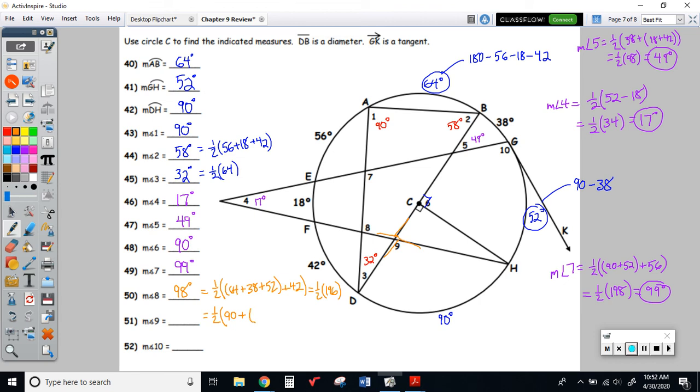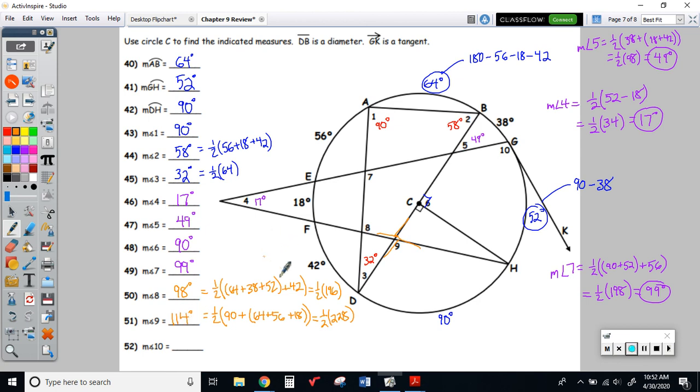So 64 plus 56 plus 18. And looks like that all put together would be 228. So we're taking half of 228, and that is 114 degrees.